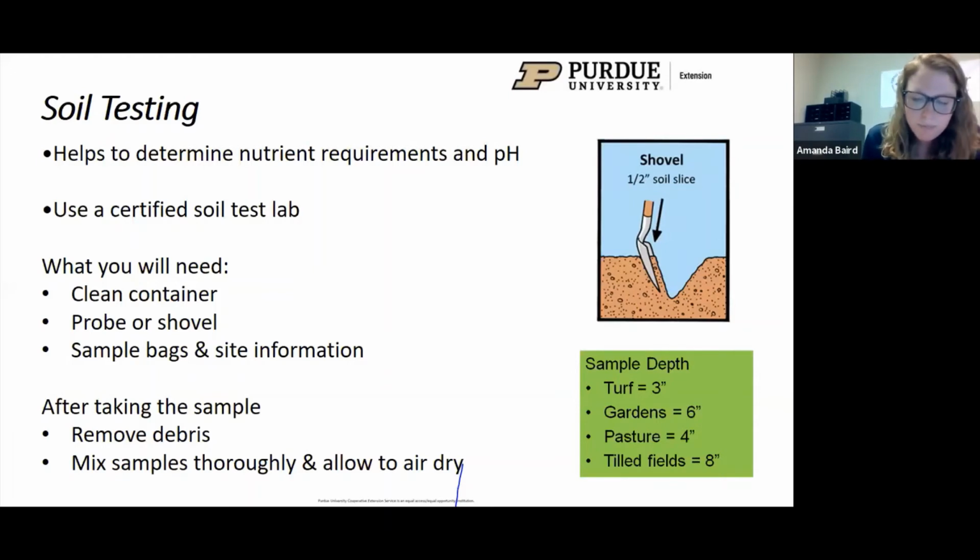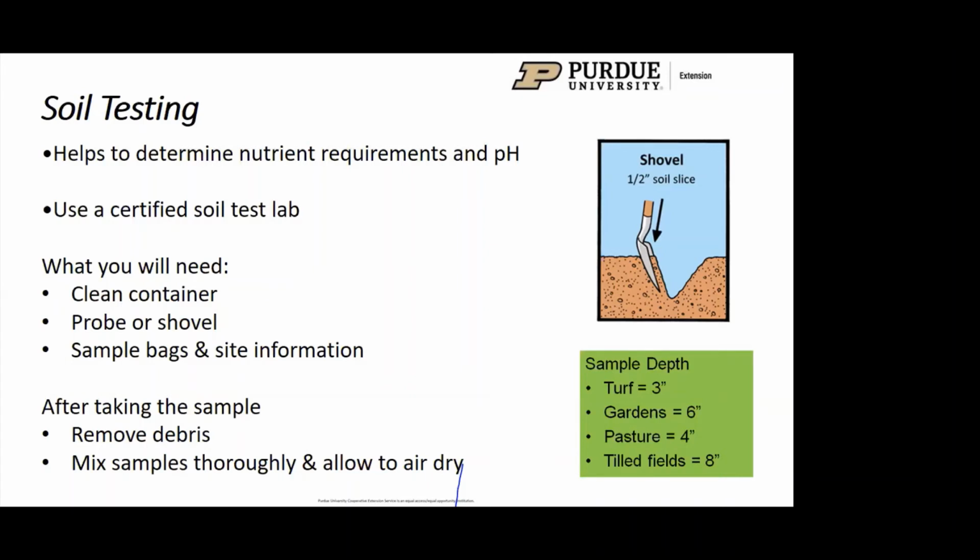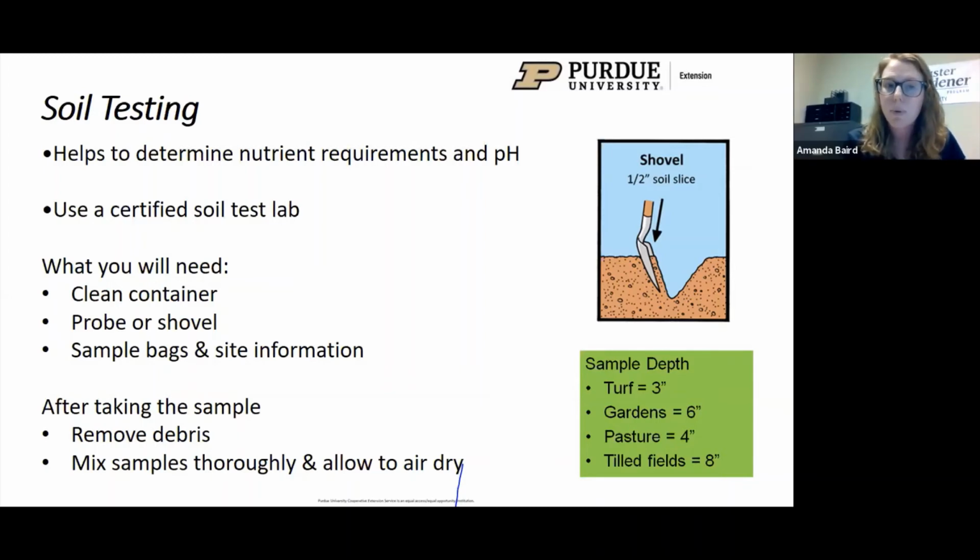Now, for example, let's look at if we were going to take a soil sample in our garden. We would need to have a clean container, so a bucket. We can also have a soil probe, and in most cases, you should look to your extension office. Sometimes they do have soil probes that you can borrow, but if you don't have a soil probe, you can just use a shovel.